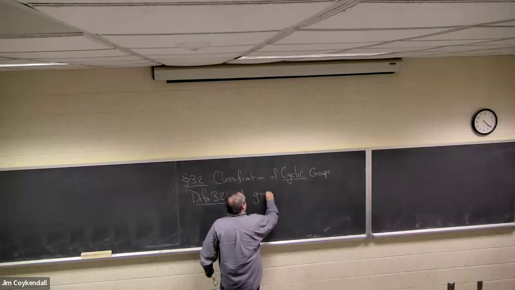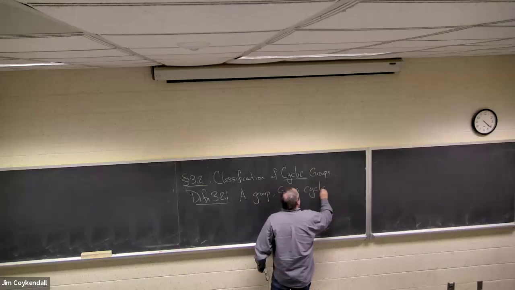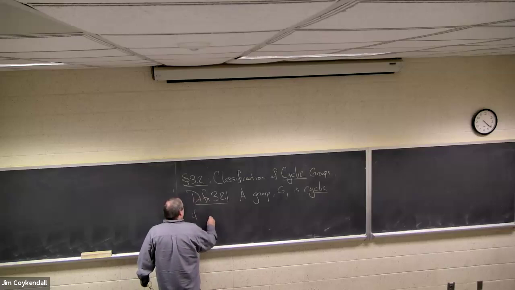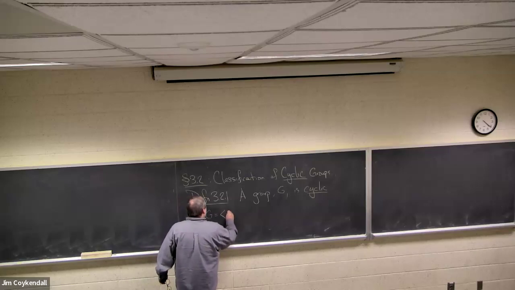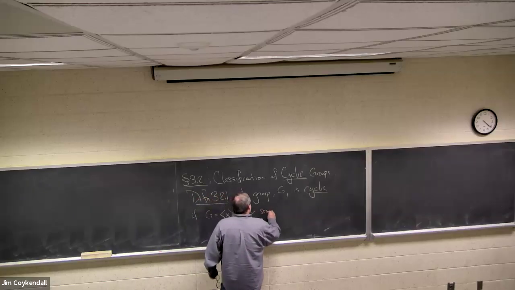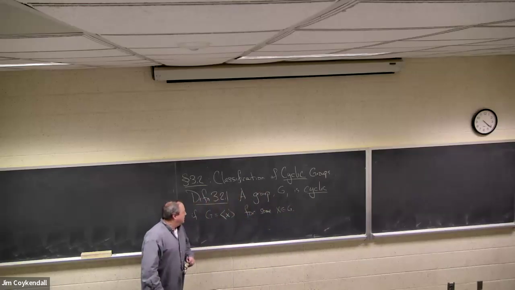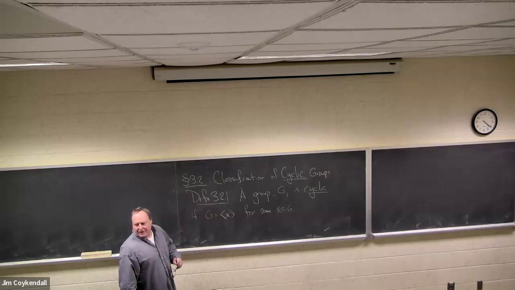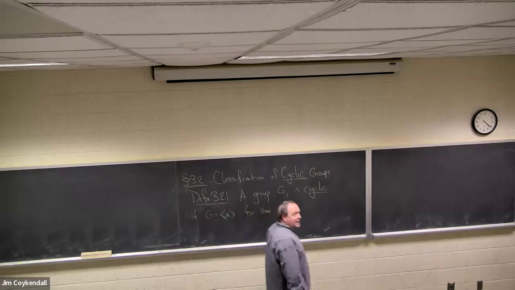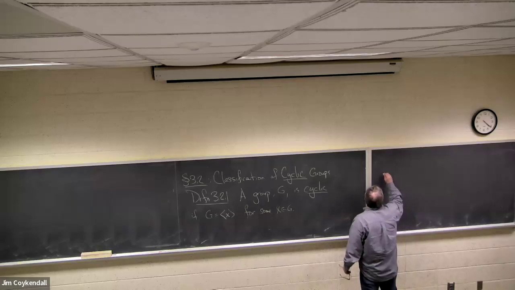A group G is cyclic if G is generated by X for some X in G. So I can find an element of the group such that every element in the group is a word made out of X and X inverse. But of course, words made out of a single letter are much easier.